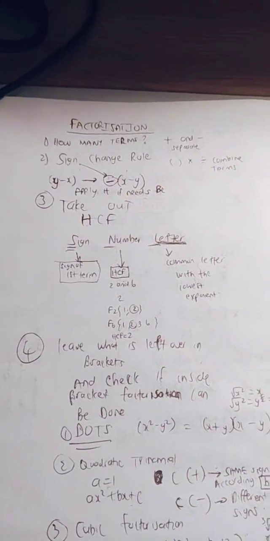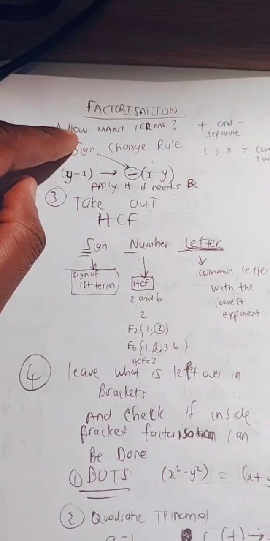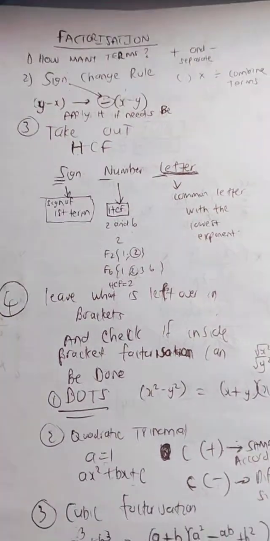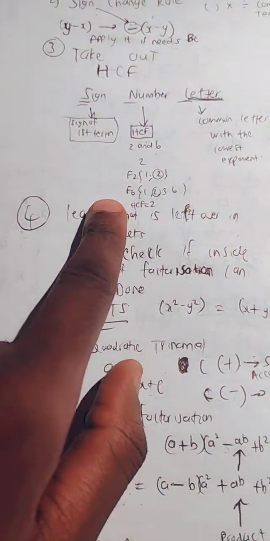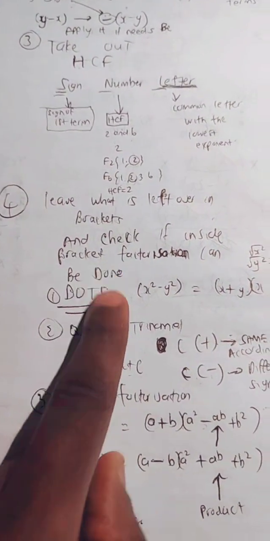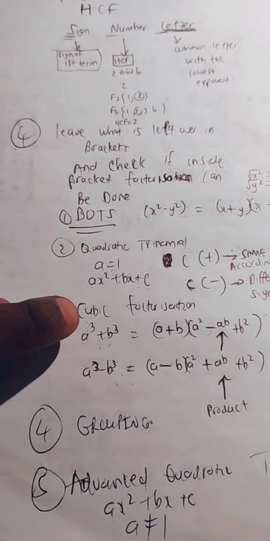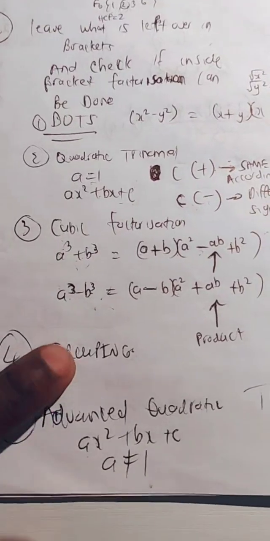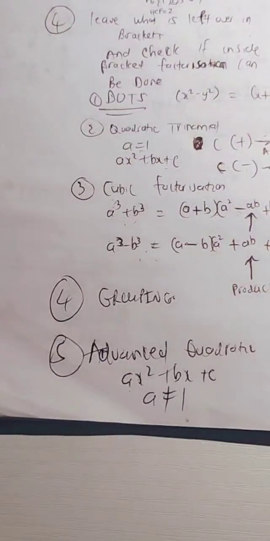I explained what factorization was from the beginning and the method that we can use: how many terms, applying the sign change rule, taking out the highest common factor according to the sign, the number, and the letter, and bracket if necessary, leaving what is left over inside the bracket, checking if inside the bracket there's anything to be factorized, and considering that it may be difference of two squares, quadratic trinomial, cubic factorization, whether it be sum or difference of two cubes, grouping factorization, or advanced trinomial factorization.